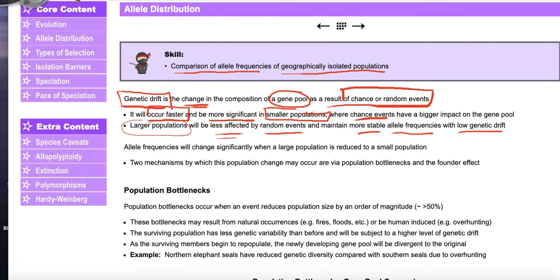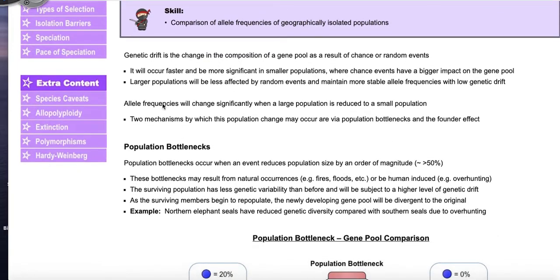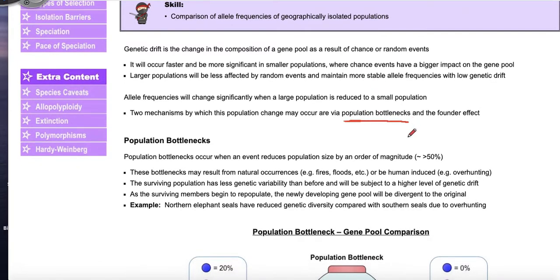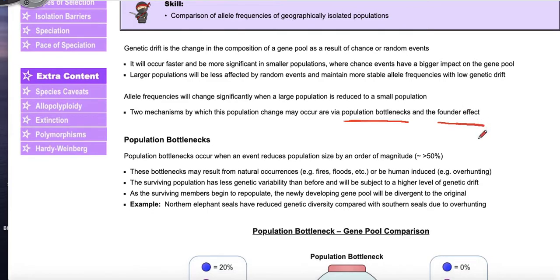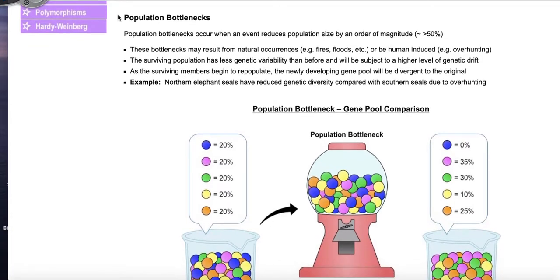Okay? So there are 2 types of mechanisms within genetic drift. The first one that we're going to look at is population bottleneck effects, and then we're going to look at the founder effect. Okay, so let's look at the bottleneck effect right here.